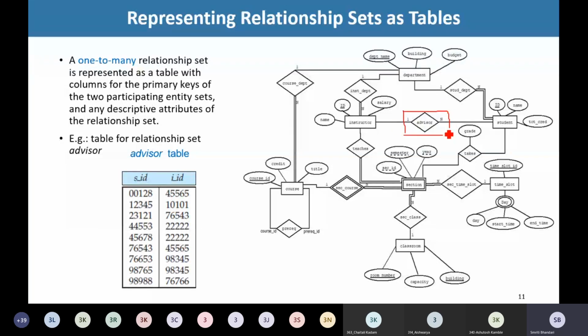That is why, while creating this table for the relationship set advisor, I will have SID as one column for the student's primary key, and IID as another column for the instructor's primary key in this table of advisor.